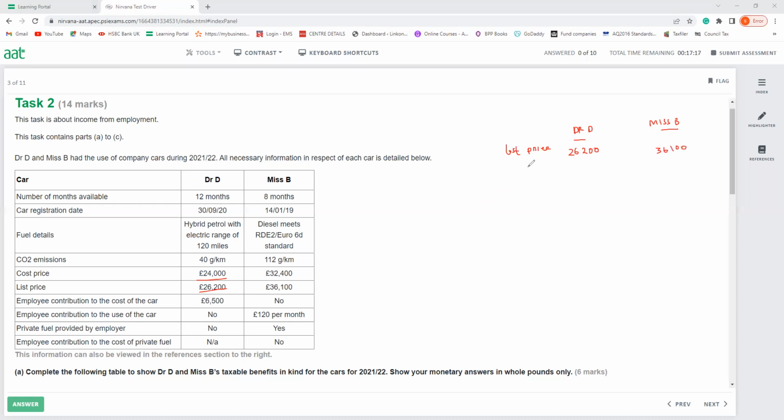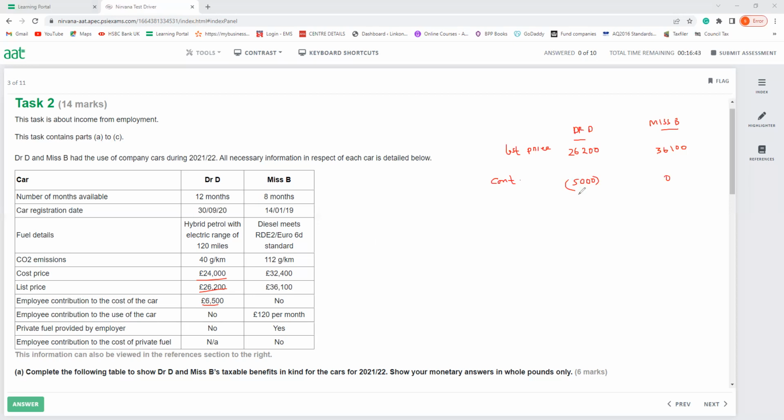And the first thing we need to do, we need to take out the capital contribution by the employee. So contribution for Dr. D, he made a payment of 6,500, but we cannot take 6,500. We can take maximum 5,000. So minus 5,000 from here. And this one, Ms. B don't have any capital contribution.